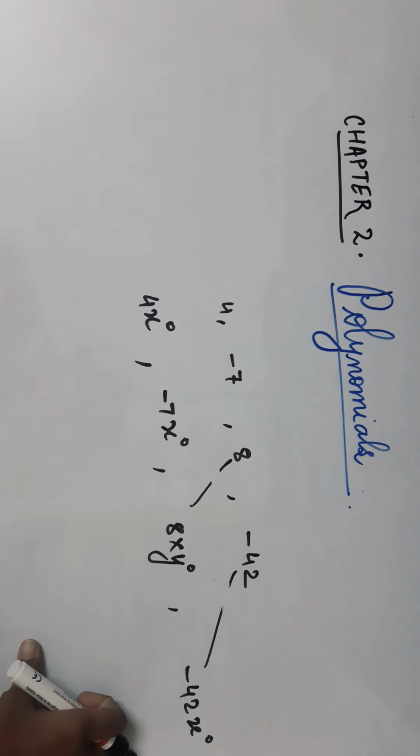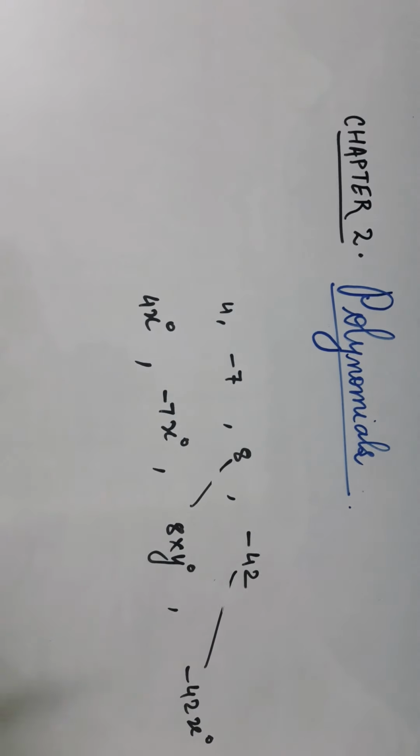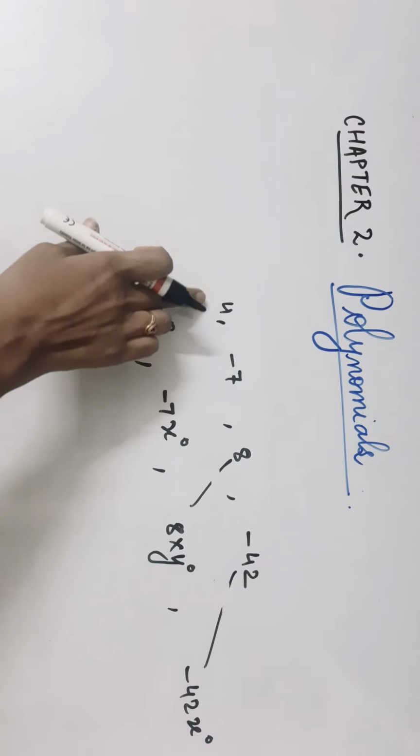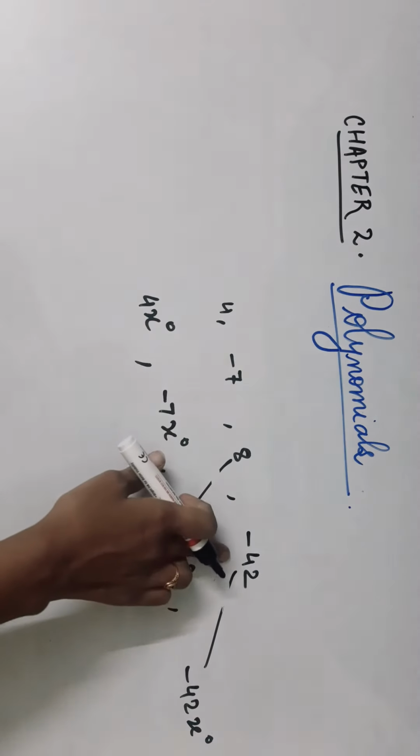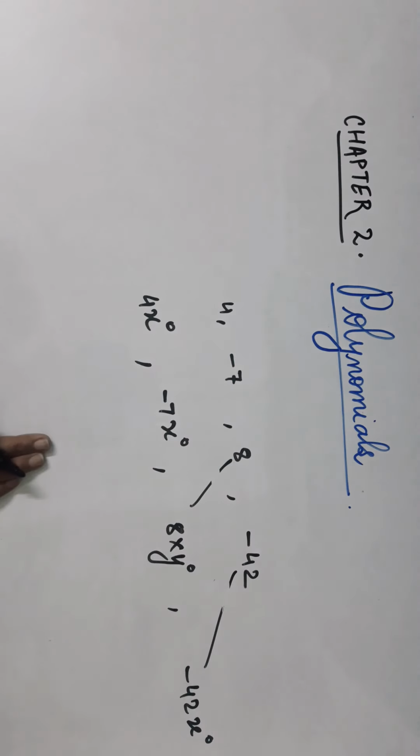Okay. And they are all monomials. They all are monomials. Clear? And since we write them as single 4, minus 7, 8, minus 42, all these are constant, no? These all values are constant values.